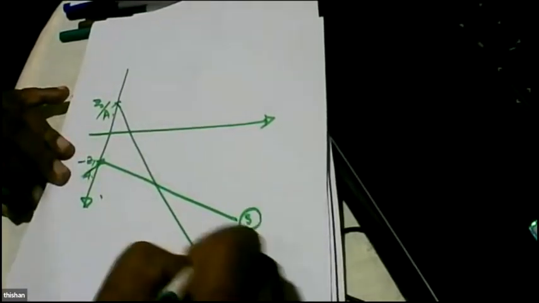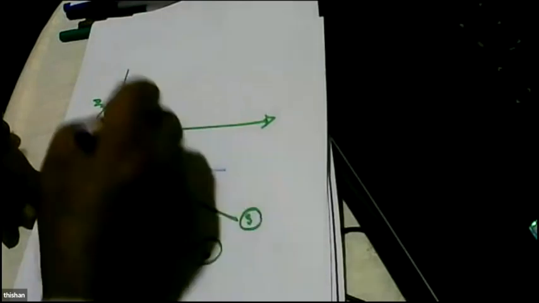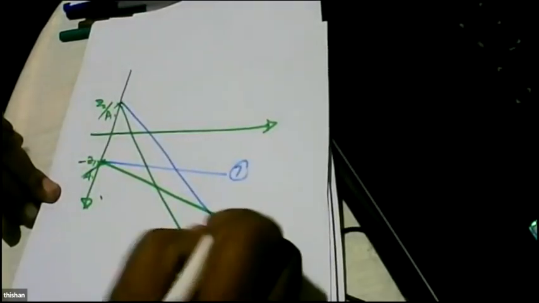So it goes this way. This goes this way. Equations number 5, 6. And you might get equations number 7 and 8 going like that. And you will get a feasible region.